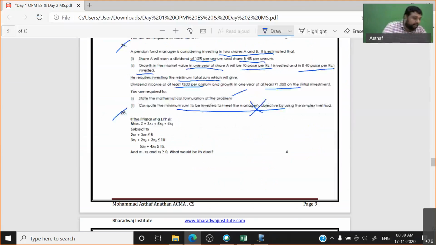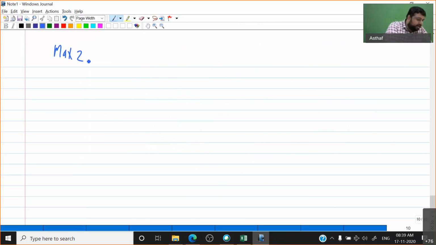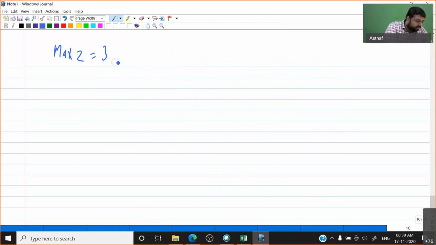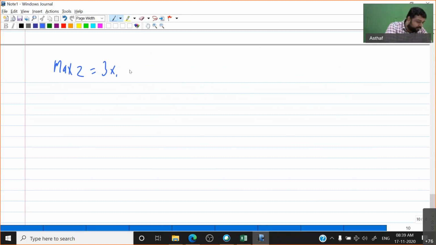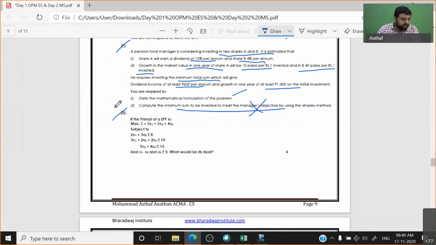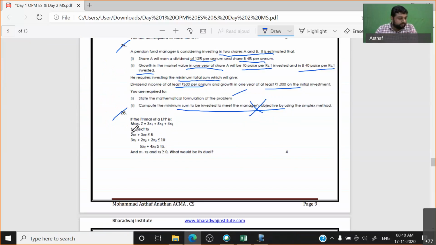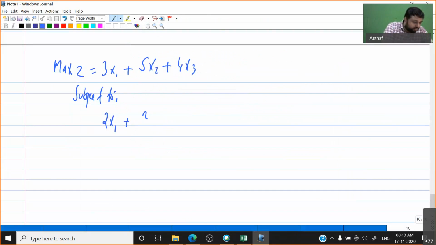What is the primal? Maximize Z equal to 3x1 plus 5x2 plus 4x3, subject to 2x1 plus 3x2.